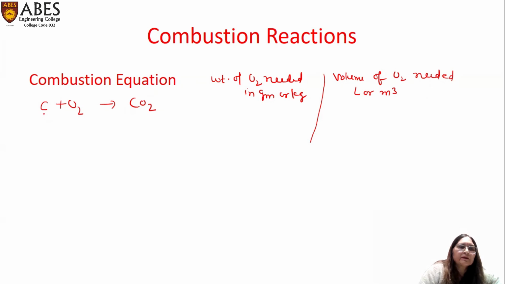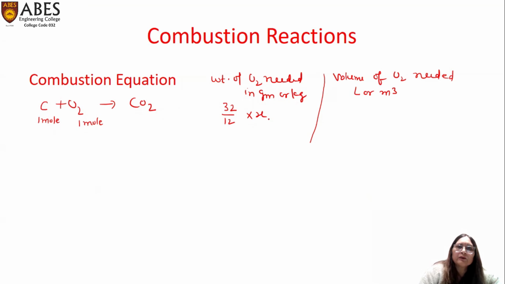Suppose we have 1 mole of carbon, it requires 1 mole of oxygen for the formation of CO2. So how to write the weight of oxygen needed in grams? 12 gram carbon requires 32 gram of oxygen. How much for x gram? 32 divided by 12 into x.